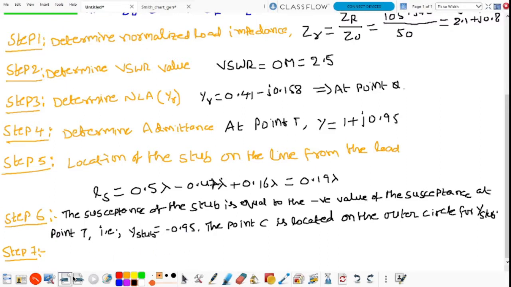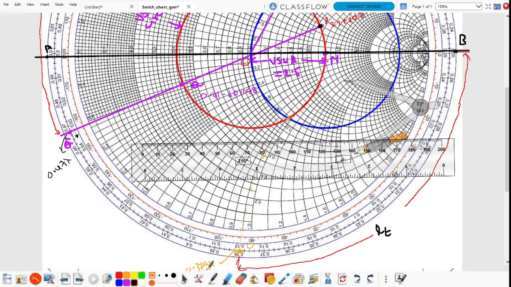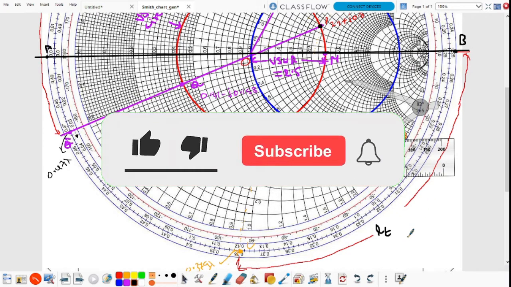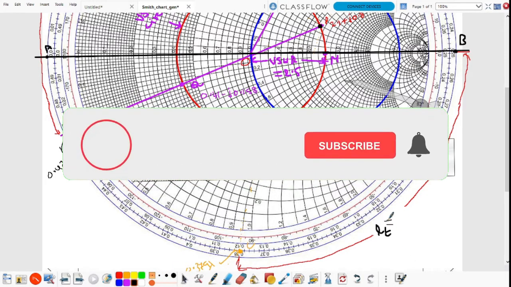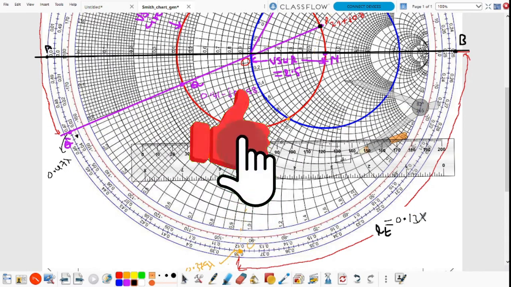Therefore, the length of the short circuited stub L suffix T is equal to, at point C, the value 0.379 lambda, minus, at point B, the value 0.25 lambda, which is equal to 0.13 lambda approximately.